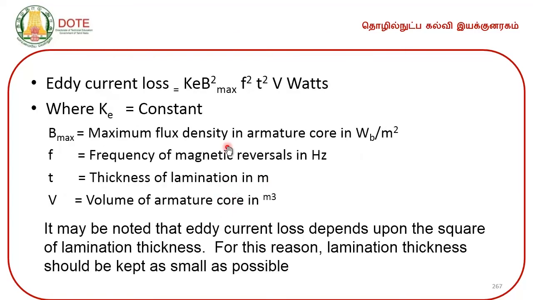Here eddy current loss is given by the expression Ke B max square f square t square V watts, where Ke is a constant, B max is the maximum flux density in the armature core expressed in Weber per meter square, f is the frequency of magnetic reversals in hertz, t is the thickness of lamination in meter, V is the volume of the armature core in meter cube.